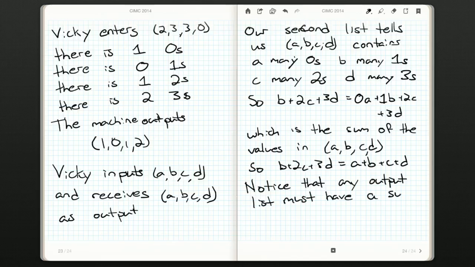So that means that any second list, any list that is an output of a machine, must have a sum of 4, because I'm talking about how many zeros there are, how many ones, how many twos, how many threes. And everything in an input sequence is a 0, 1, 2, or 3.